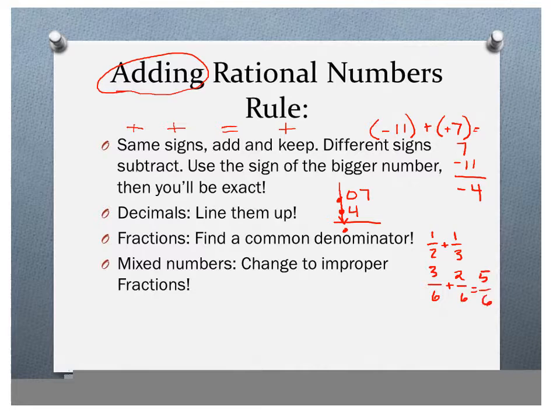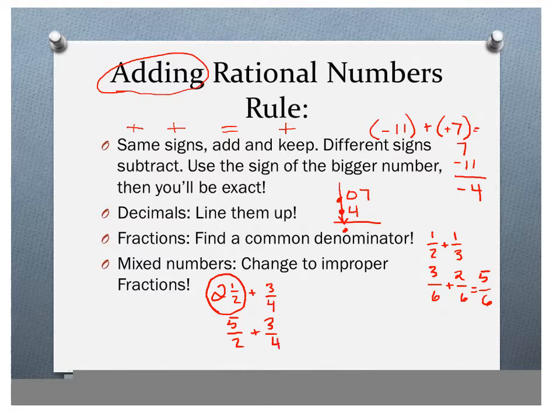There you go. If it's a mixed number, you can't really do anything with it because it's really difficult to work with a mixed number in an equation. So if you have 2.5 plus 3/4, you need to change the 2.5 into an improper fraction first. So 2 times 2 is 4, plus 1 is 5 halves.